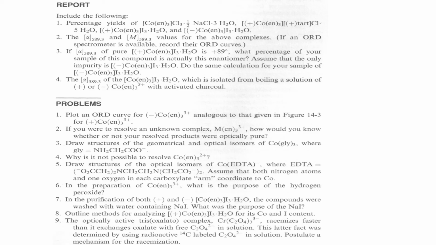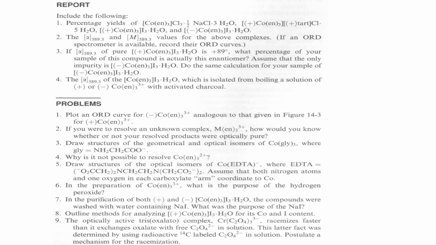It should be 0. Now the report should contain the percentage yields of all your products: the racemic product you obtained at the beginning, then the plus isomer, then the minus isomer, the optical rotation of the plus enantiomer and the minus enantiomer, the tartrate salt and the iodide salt.